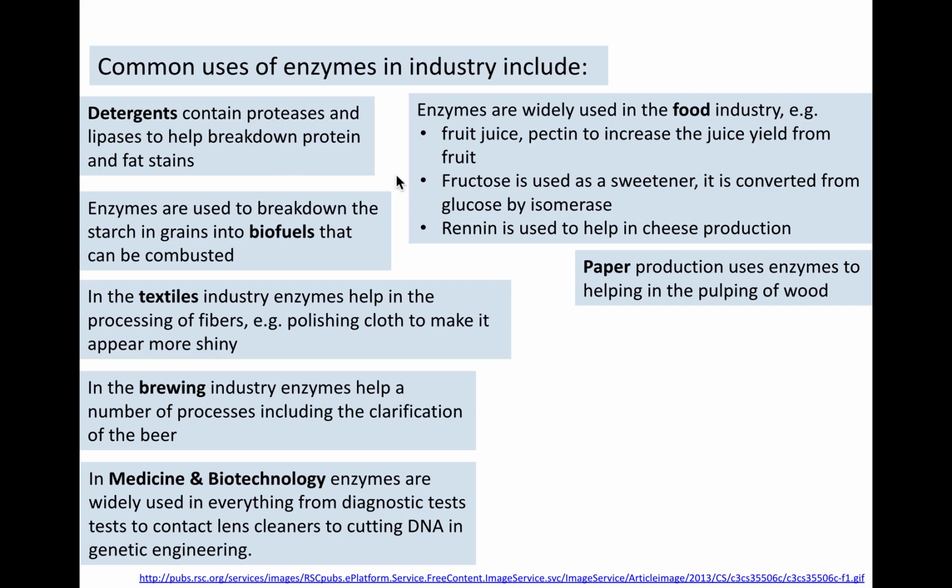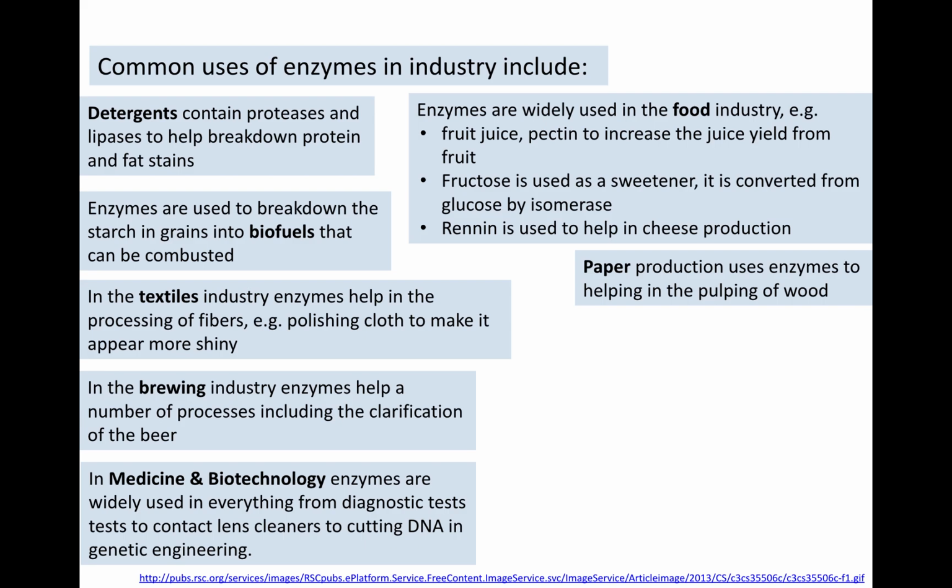Enzymes are used to break down the starch in grains, for example, in biofuels that can be combusted. In textile industries, so clothing industries, enzymes can help in the processing of fibers, for example, polishing cloth to make it appear more shiny.